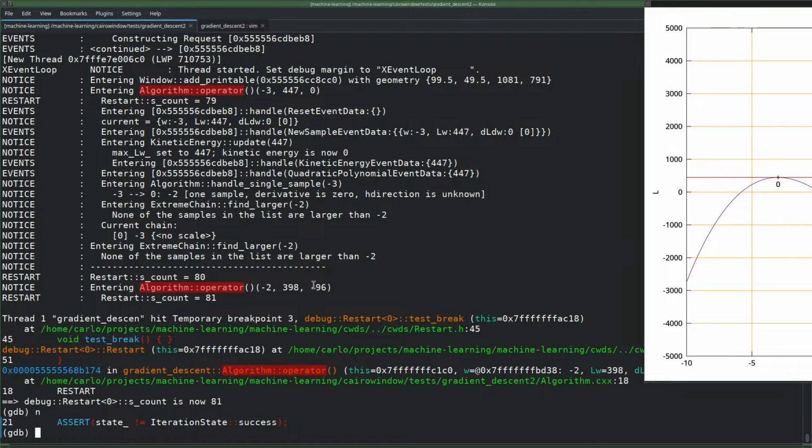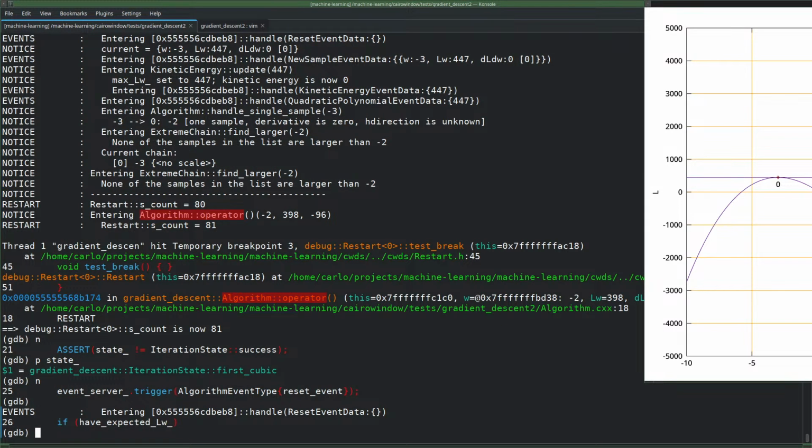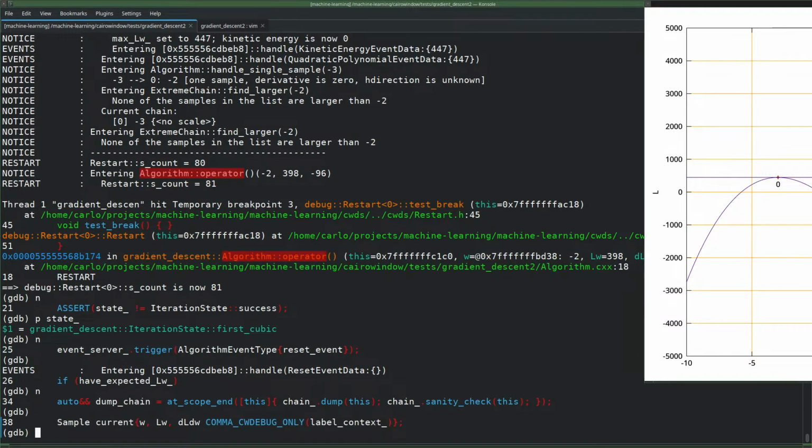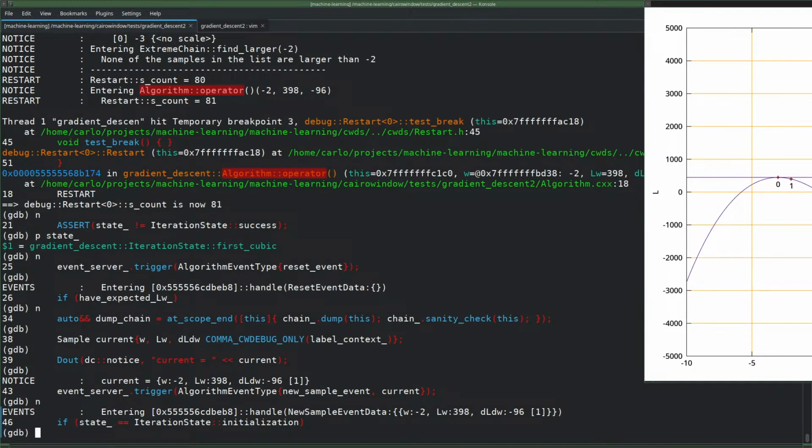This was the first sample. So that drew it in at -2.